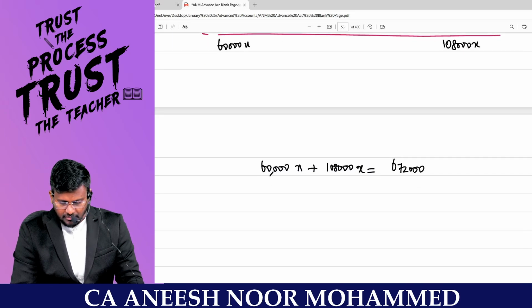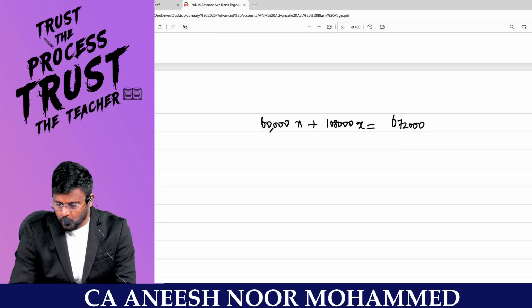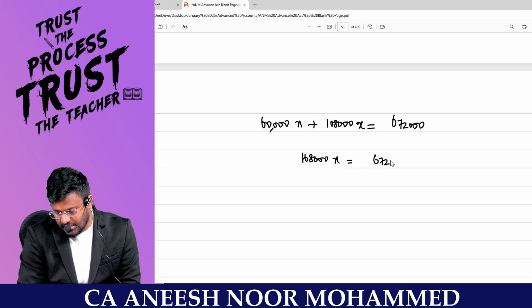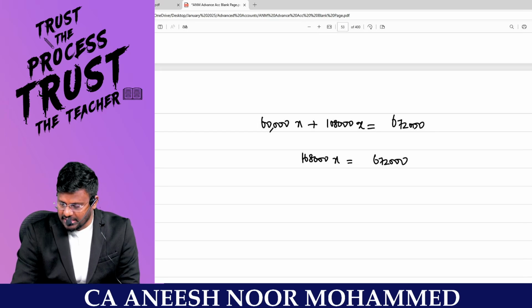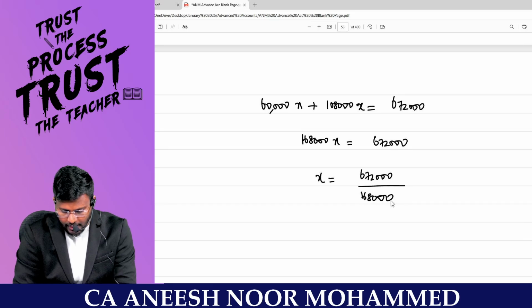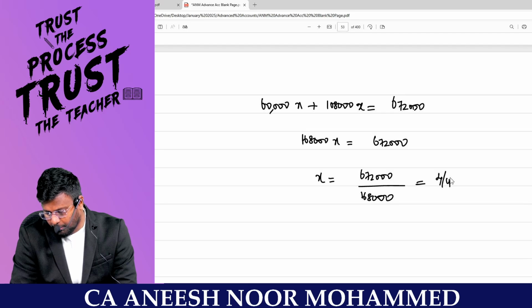That means 60,000 plus 1,08,000 comes to 1,68,000x is equal to 6,72,000. So x is equal to 6,72,000 divided by 1,68,000, which comes to 4 per unit.